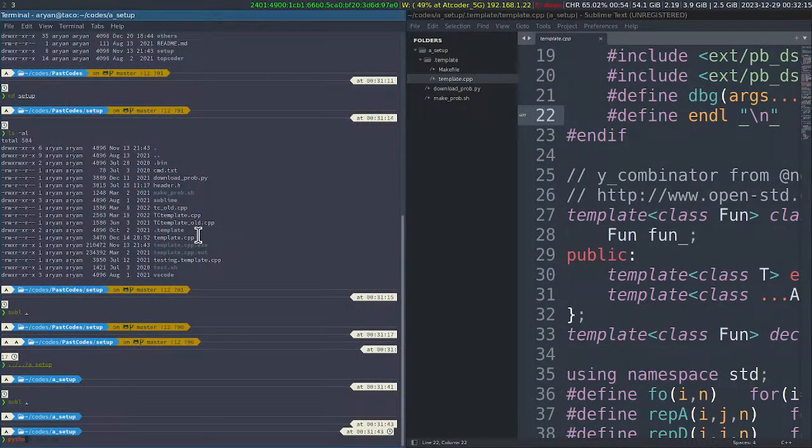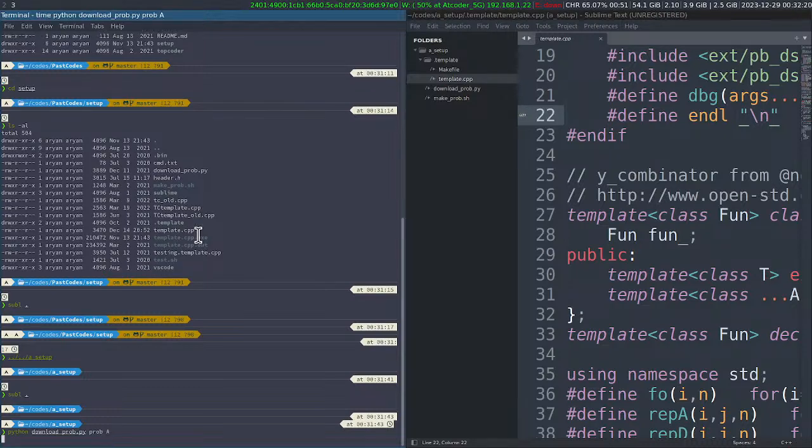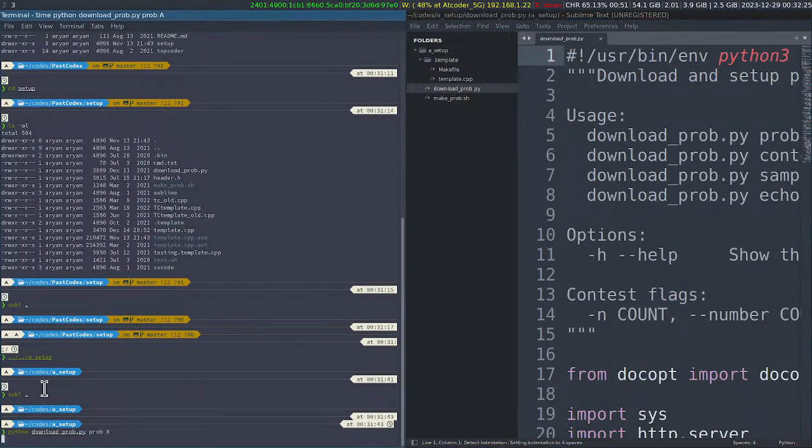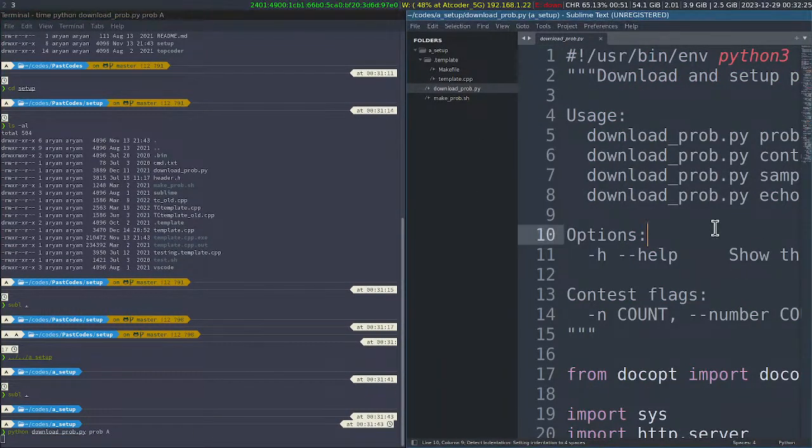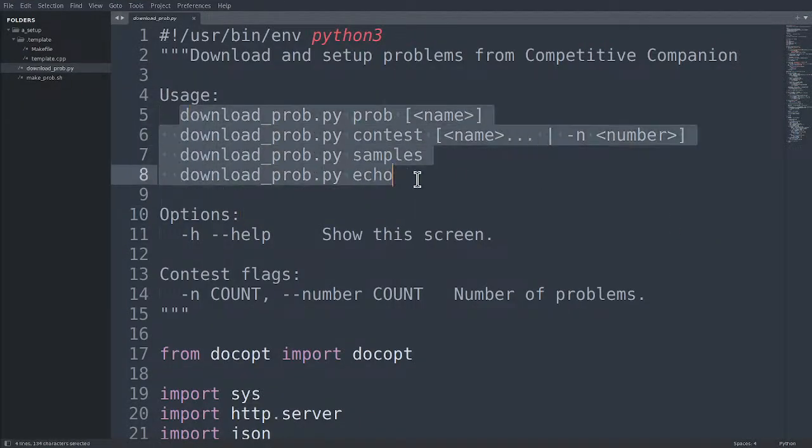And now there are some scripts, like if I say prob a, and run this prob script with these commands, these are the possible uses over here.